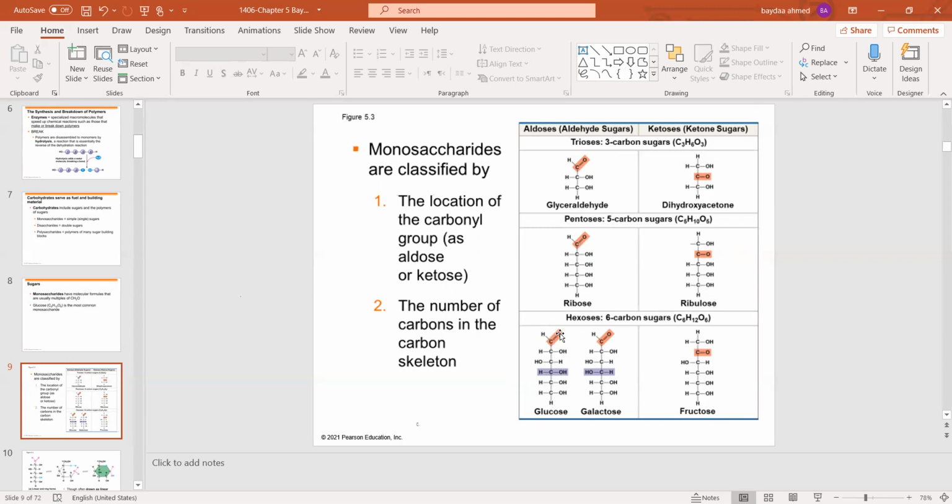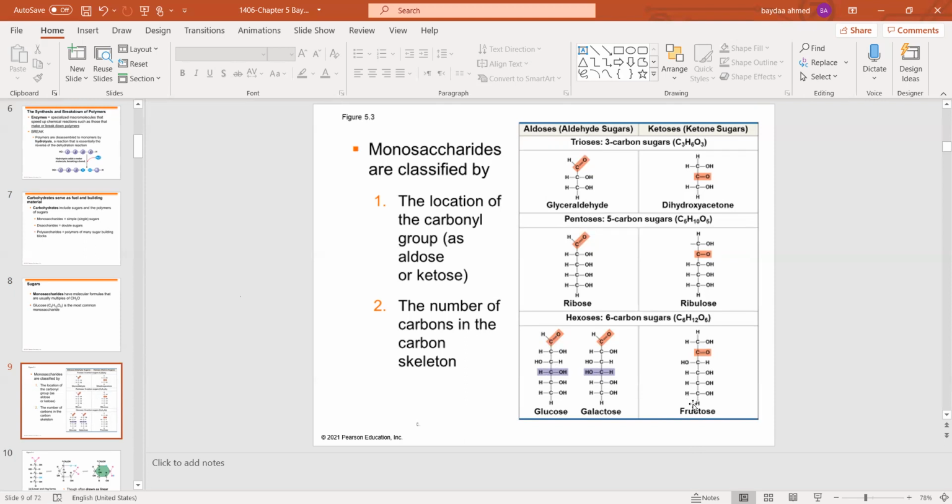Why? Because the carbonyl group is at the end of the carbon skeleton. Fructose, an isomer of glucose, has the carbonyl group within the carbon skeleton, so fructose is ketone. So glucose is aldose, fructose is ketone.